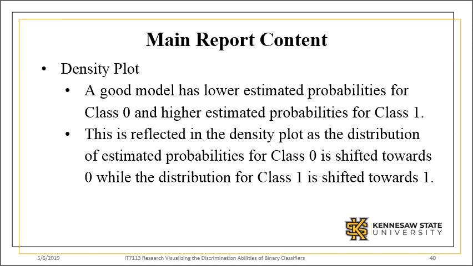A good model has lower estimated probabilities for class 0 and higher estimated probabilities for class 1. This is reflected in the density plot as the distribution of estimated probabilities for class 0 is shifted towards 0, while the distribution for class 1 is shifted towards 1.